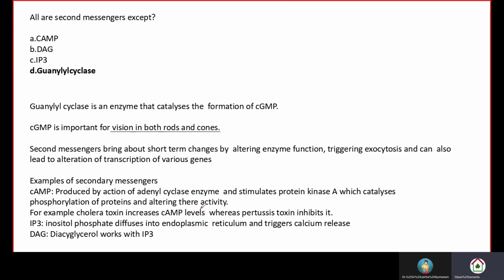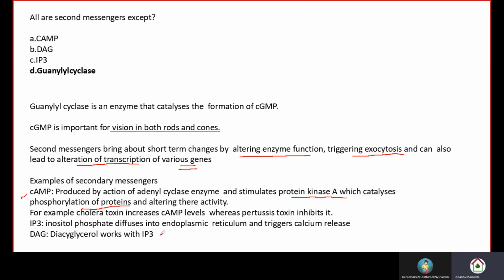And what are second messengers? They bring about short-term changes by altering enzyme functions, triggering exocytosis, and also lead to alteration of transcription of various genes. Examples of second messengers: cAMP, produced by the action of adenyl cyclase enzyme, stimulates protein kinase A, which catalyzes the phosphorylation of proteins and alters their activity.